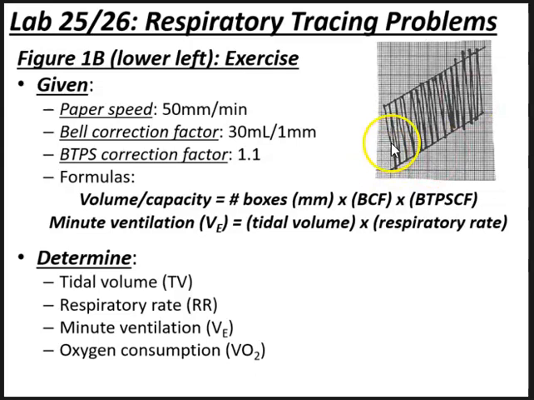We can see that the lines are a bit longer, meaning more oxygen is being consumed, and more carbon dioxide is being blown out. And we can see that the tracings are a lot closer together, so the respiratory rate looks like it's a little bit faster. So we can definitely see that there is a huge difference between the tracing for exercise and the tracing for rest.